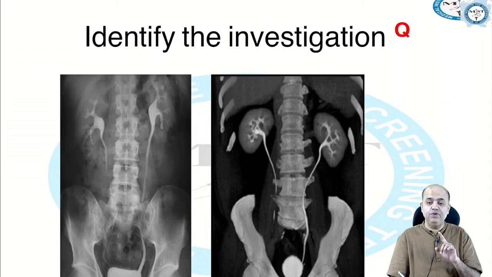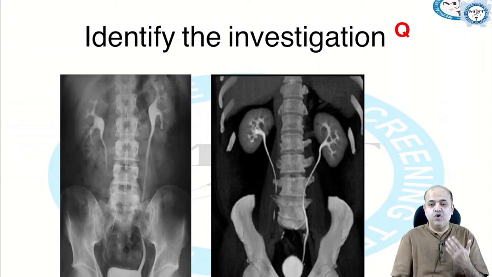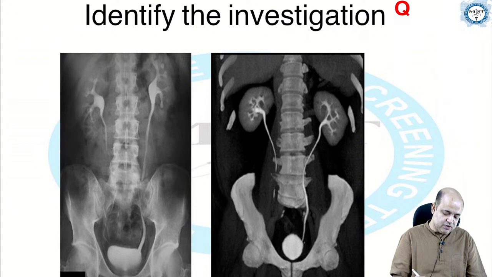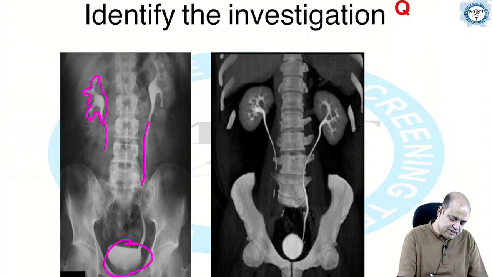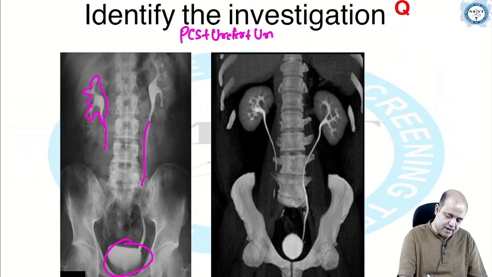In the genitourinary tract, the examiner is very fond of asking about the normal investigations. This was also asked in the last exam. We see the pelvicalyceal system, ureters, and the urinary bladder.